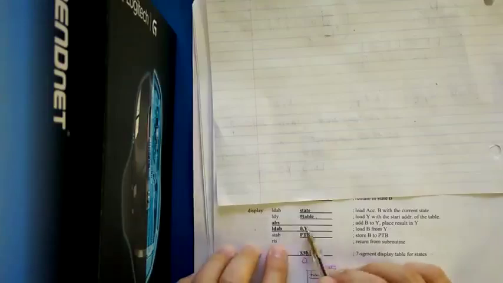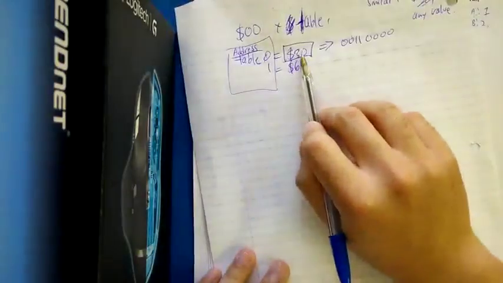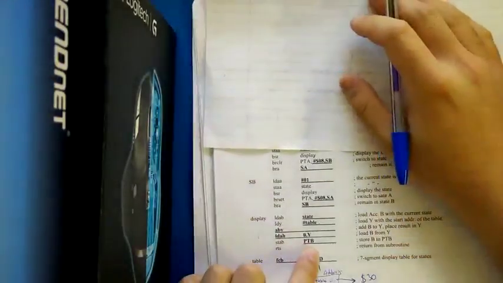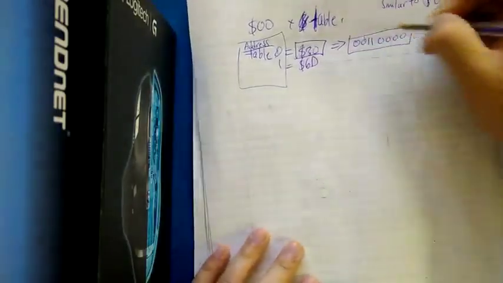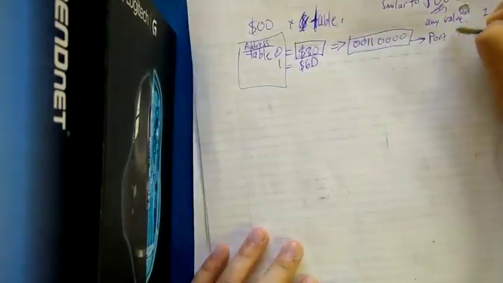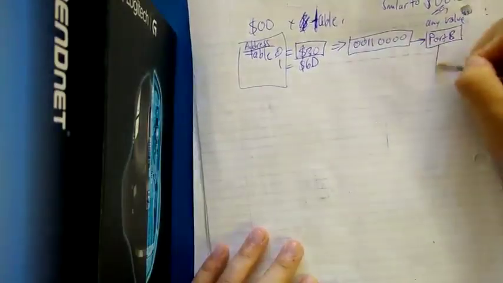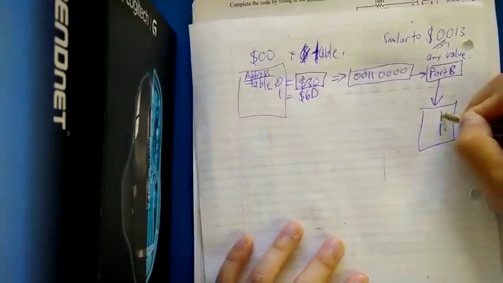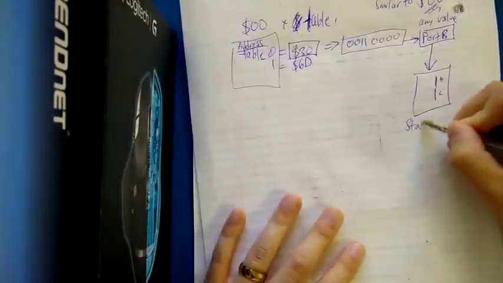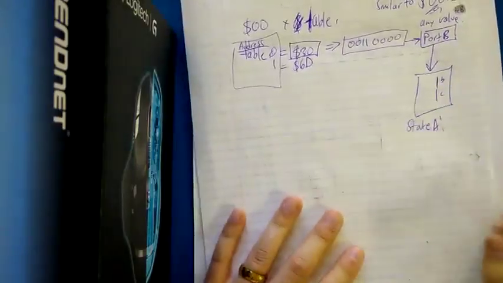And then after it says store that value of whatever you loaded into B, which is what we had was $30, into port B. Okay, and then after it goes into port B, what comes out on the 7 segment? B and C turn on. B and C, right? Which gives us a 1. So say state A. Okay?